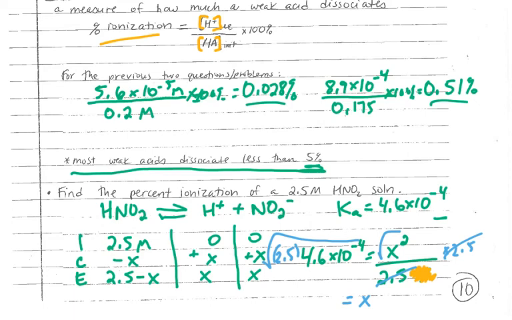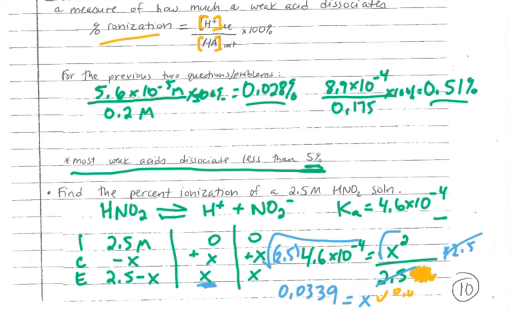So I get X equals 0.0339. All right, so this is my concentration of hydrogen. First I need to check whether this is valid, right? I used the X approximation technique, so I need to check whether it's valid.